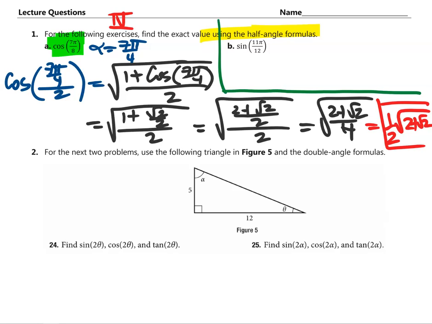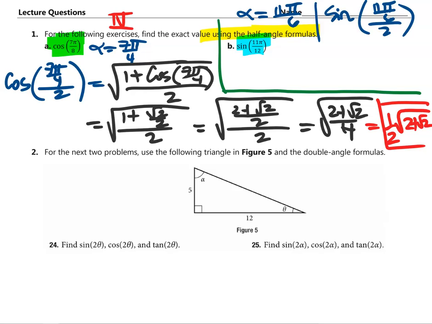I'm going to use this space for letter B. Sine 11 pi over 12. So here, like what we did for letter A, we can have alpha is 11 pi over 6, so that we could use sine of 11 pi over 6 over 2.